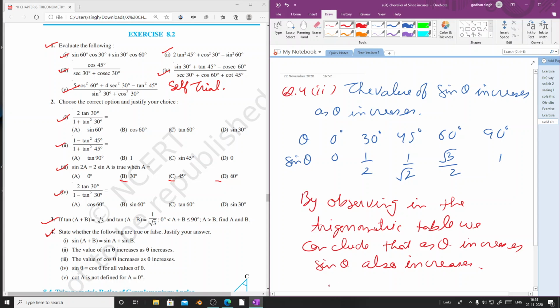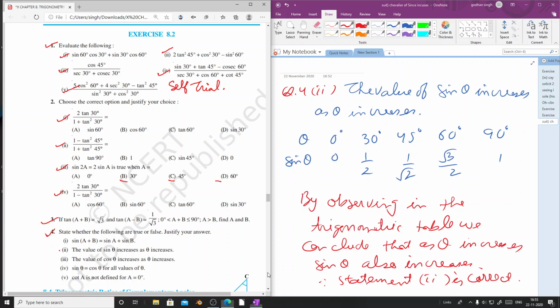So therefore, statement 2 is correct. So this is the answer of our question number 4, second part.